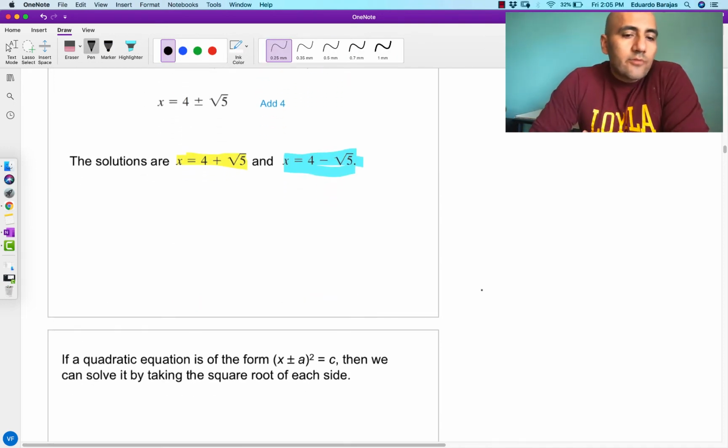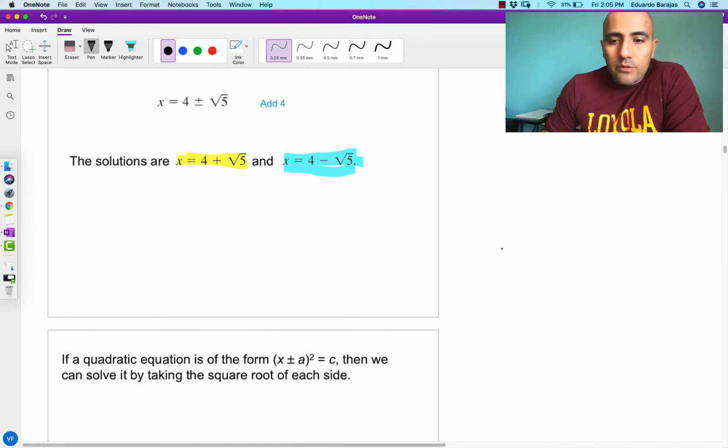Okay, so if a quadratic equation is of the form plus or minus x plus or minus a, raised to the power of 2, equals c, then we can solve it by taking the square root of each side. So anytime something fits this form, then we can solve it this way.